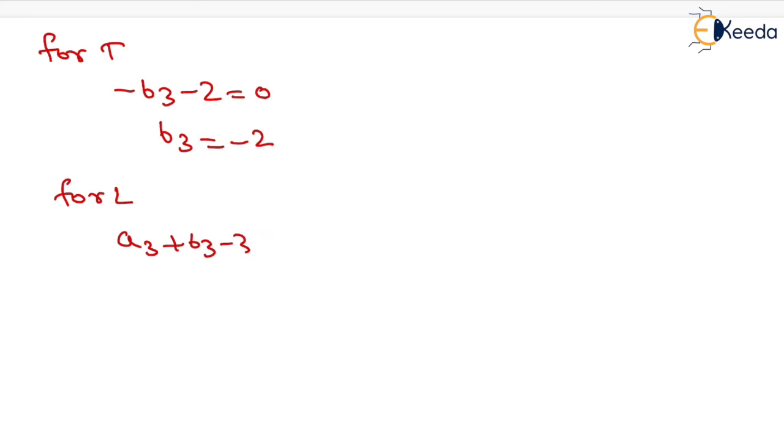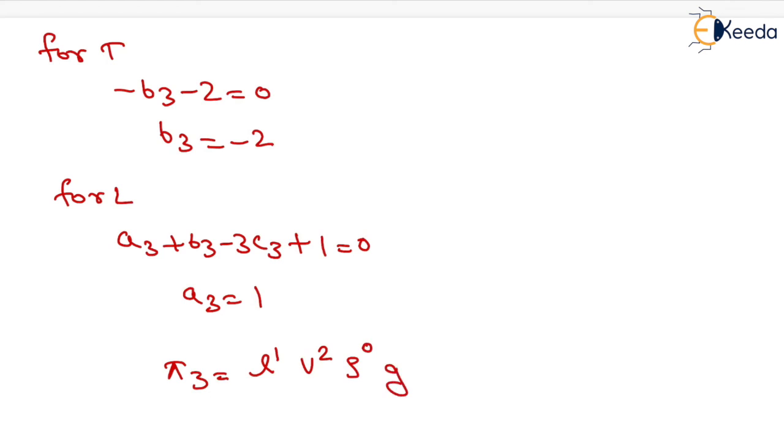Similarly for T, minus b3 minus 2 will be equal to 0. So b3 will be equal to minus 2. Similarly for L, a3 plus b3 minus 3c3 plus 1 will be equal to 0. So on putting the values, we will have a3 equal to 1. Now the solution of pi 3 will be equal to L to the power 1, V square, rho to the power 0 into g, that is Lg upon V square. That will be the solution for pi 3.